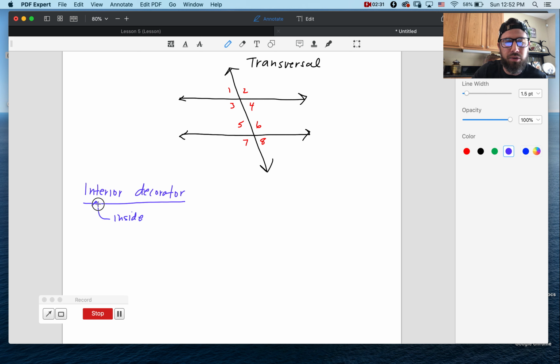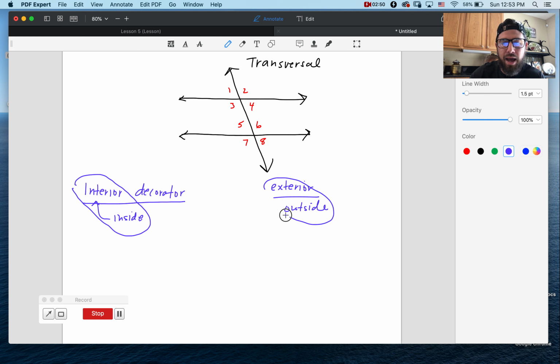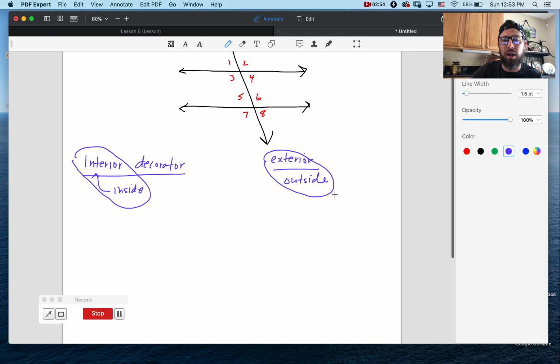Interior means inside. If I said exterior, that would mean outside. So you need to get in your head the relationship between interior and inside and exterior and outside, and what I mean by that is when we're talking about parallel lines.